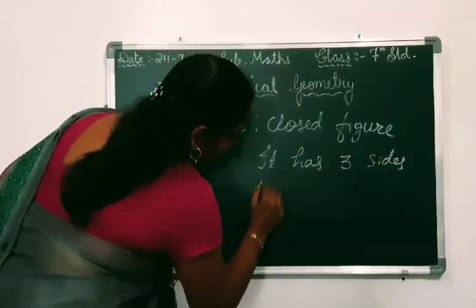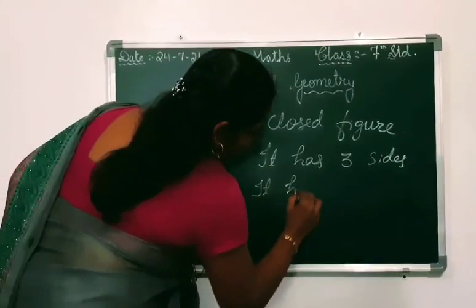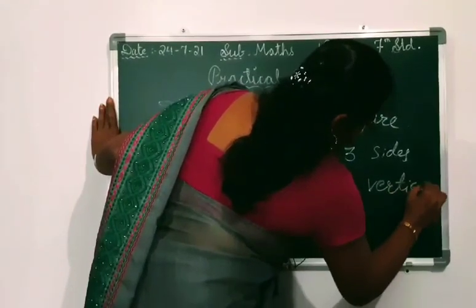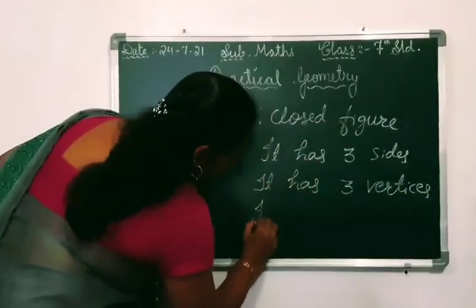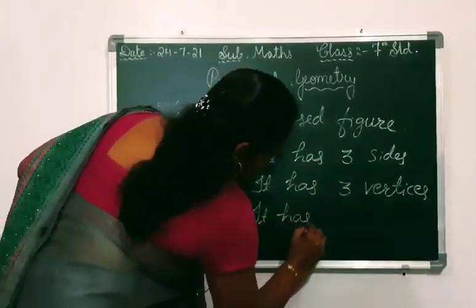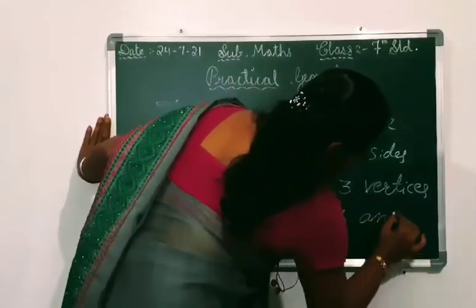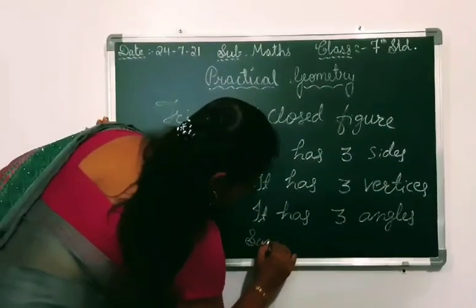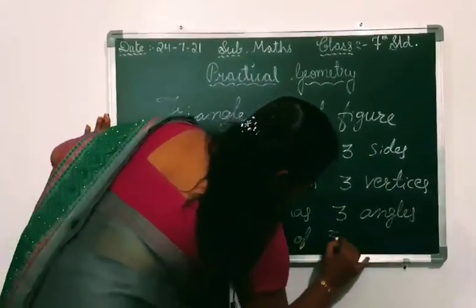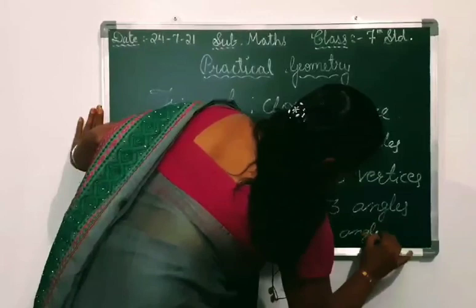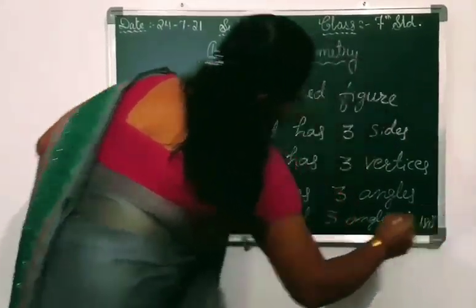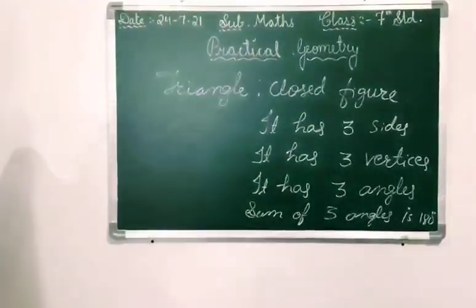Then it has 3 vertices. It has 3 angles. Then the sum of the 3 angles is 180 degrees. You have learned this in the previous class.